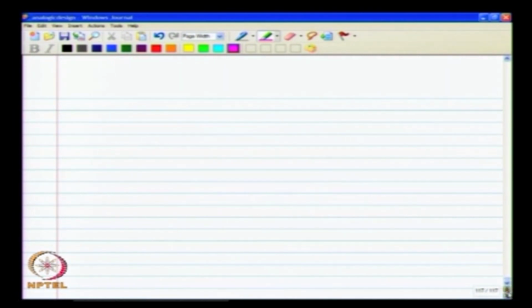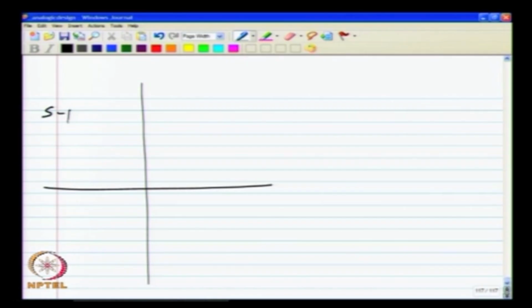Let us quickly take another example. So, this is the S plane, and this is the real part and the imaginary part of S, and what you do is you evaluate G H starting from 0 to infinity and infinity back to 0.